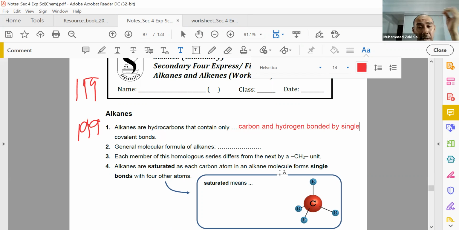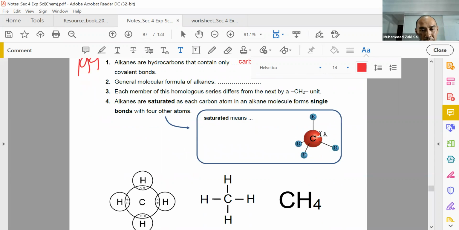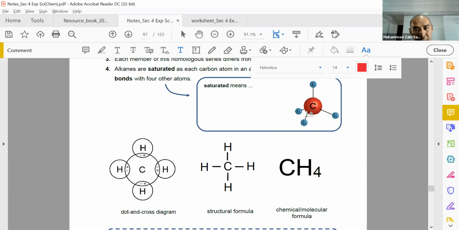What do I mean by that? We go down further. See, this is the single carbon, single bond. If you see the diagram, you can do methane later. So what does one single bond mean?